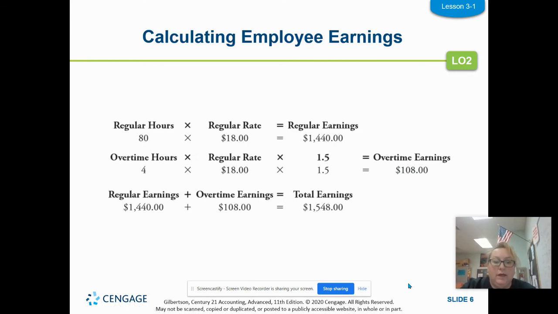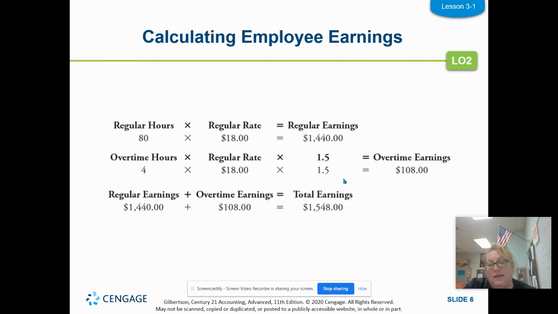Here is a reminder of how to calculate those wages. Our hourly is just our number of hours times our regular rate. And remember, if you're calculating overtime, it's your regular rate times 1.5, or it's your regular rate plus half of your regular rate. Our regular rate in this case is $18. Half of that is 9.